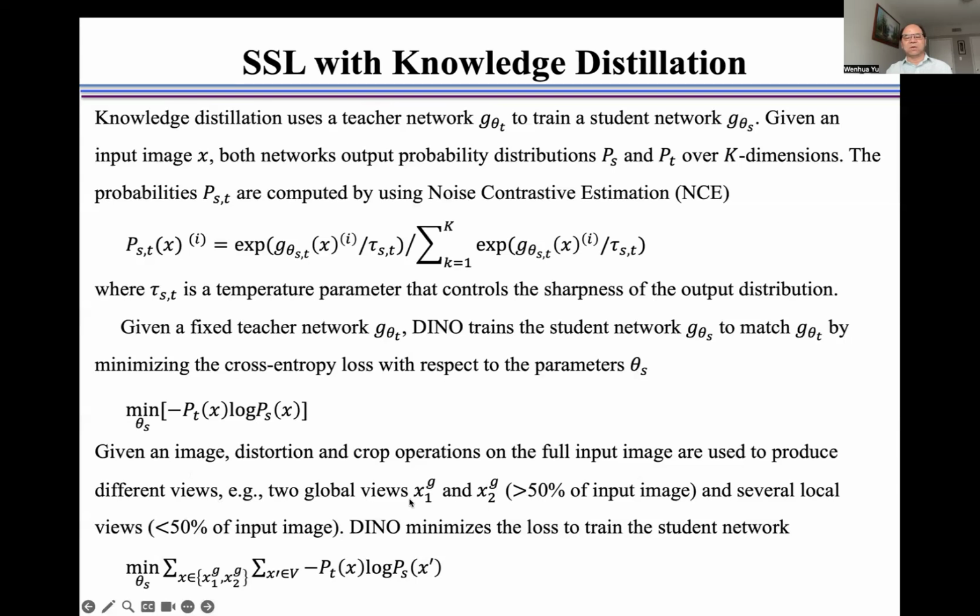For example, two global views, x1G and x2G, that are larger than 50% of the input image, and several local views that are smaller than 50% of the input image. DINO minimizes the loss to train the student network, as shown here.